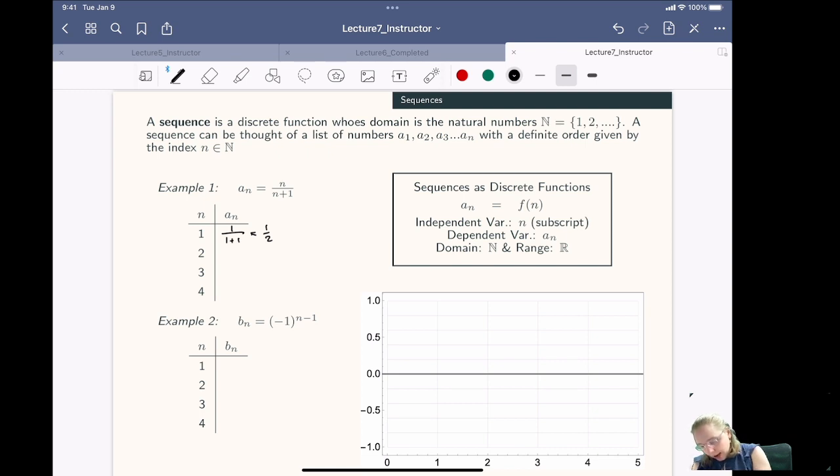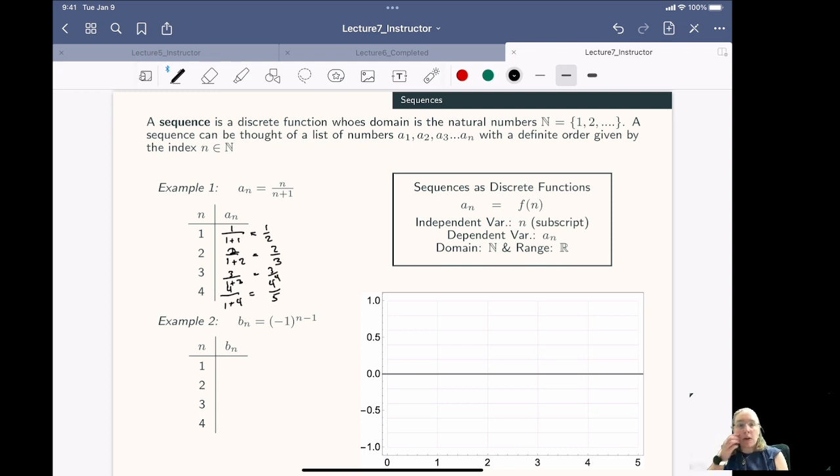Then we could have a_2, which is 2 over 1 plus 2, which is 2/3. Let's plug in 4. We get 4 over 1 plus 4, which is 4/5. This is a sequence. If we plug in 3, we get 3 over 1 plus 3, which is 3/4. And that is our sequence.